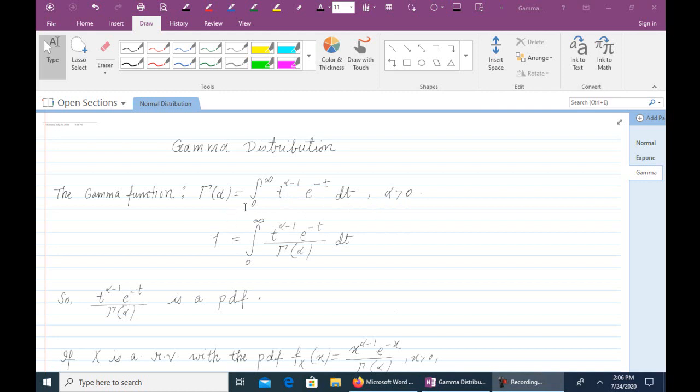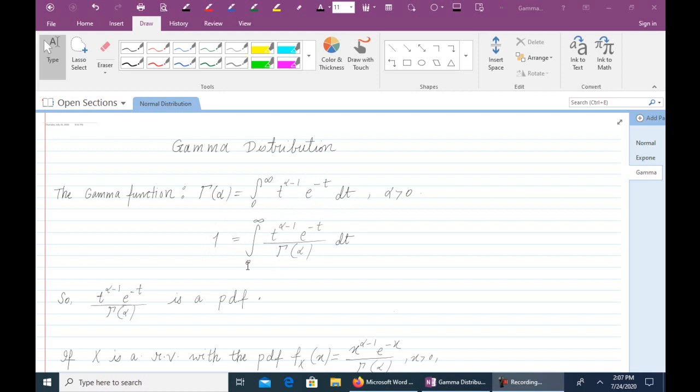Now, in this equation, if I divide both sides by gamma of alpha, then we end up with 1 on the left. And since on the right hand side we are integrating with respect to t, not alpha, we can put that inside the integral.